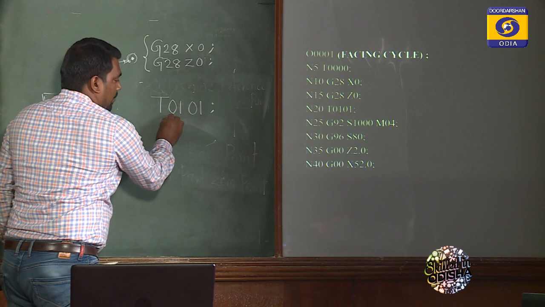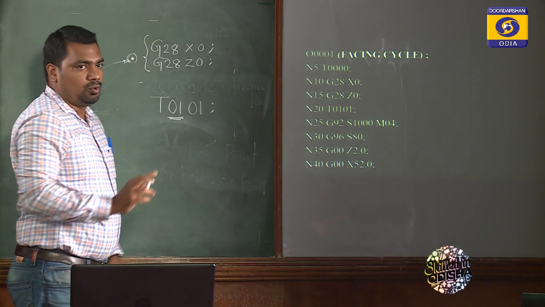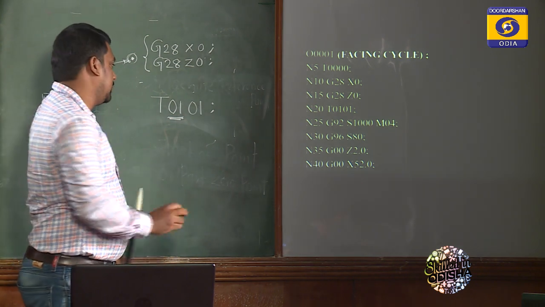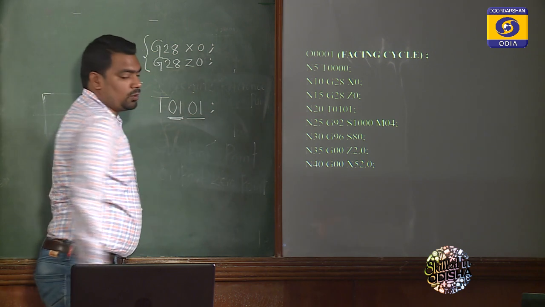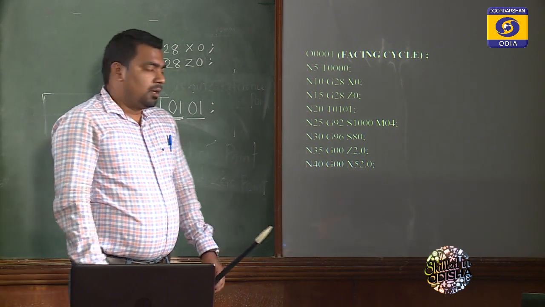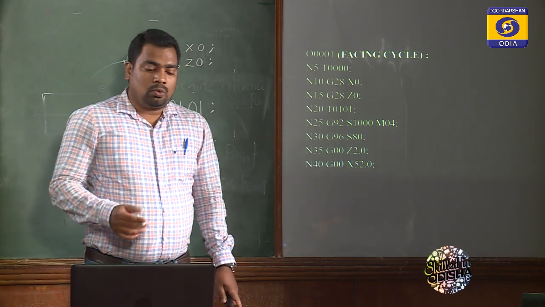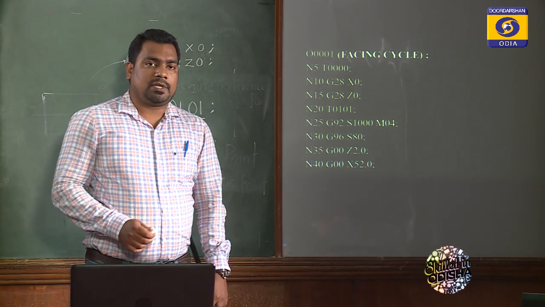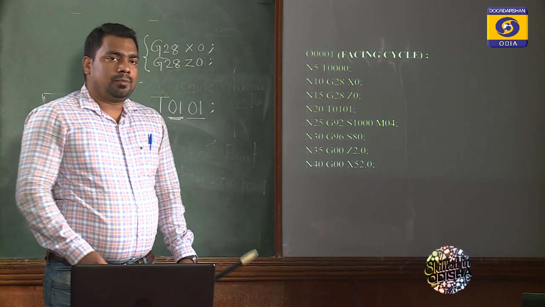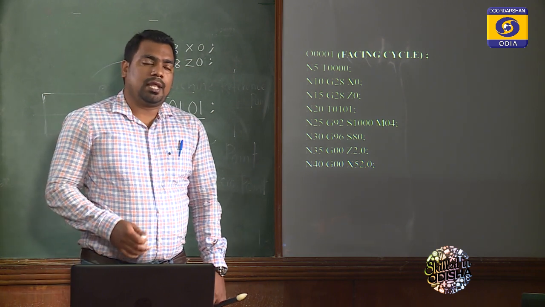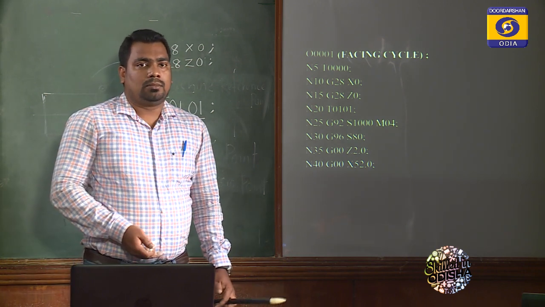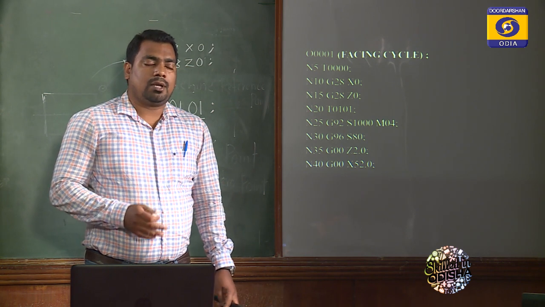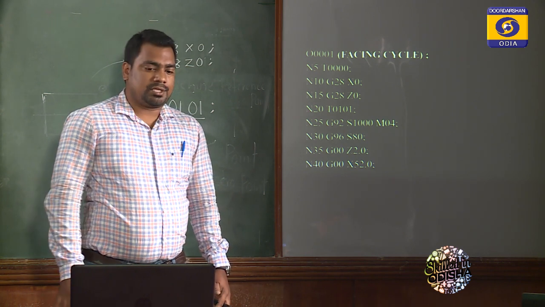That means my tool number is first, station number is 1 and my offset number is also 1. After defining tool number and offset number, I have to specify the speed of the spindle, so that I can command the machine at what speed it must operate.